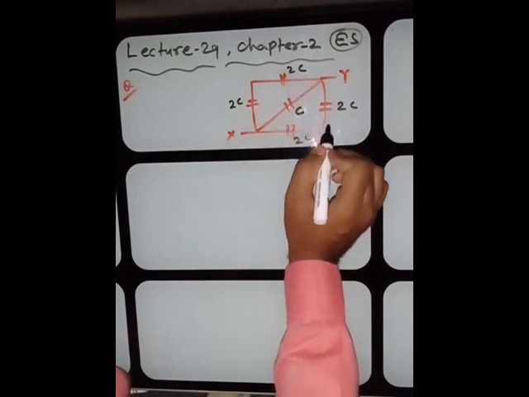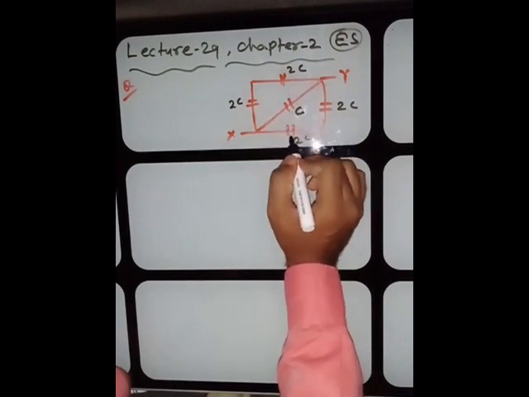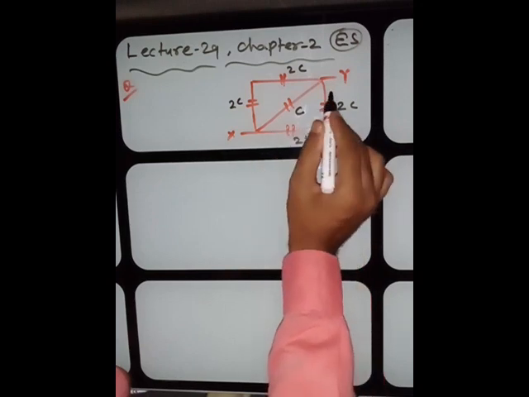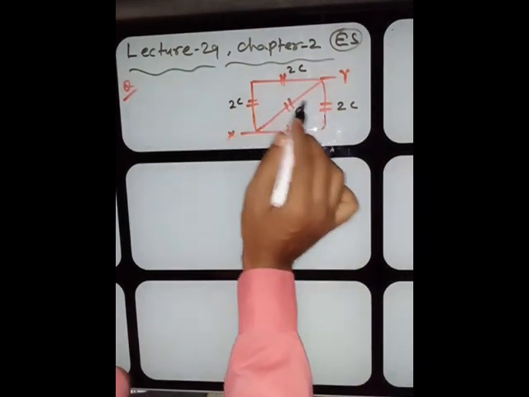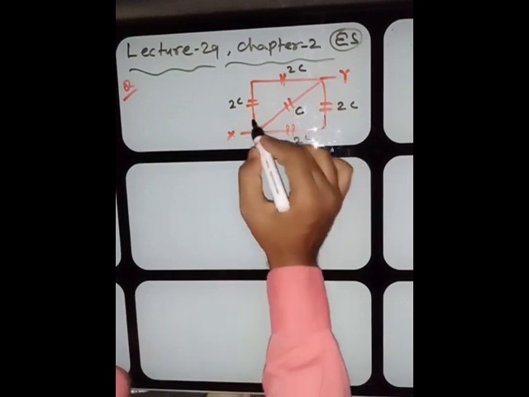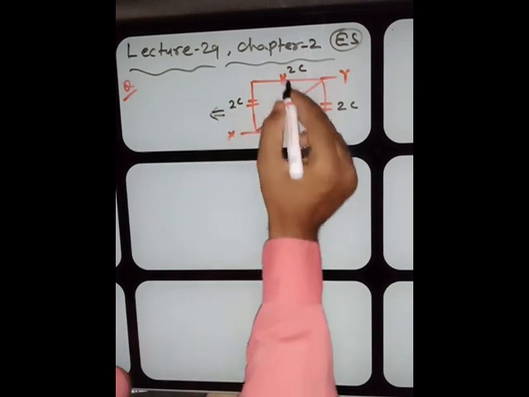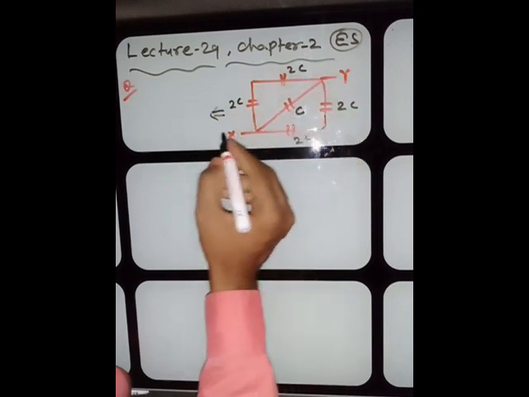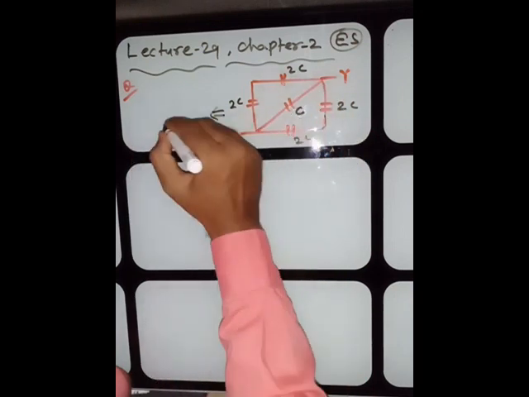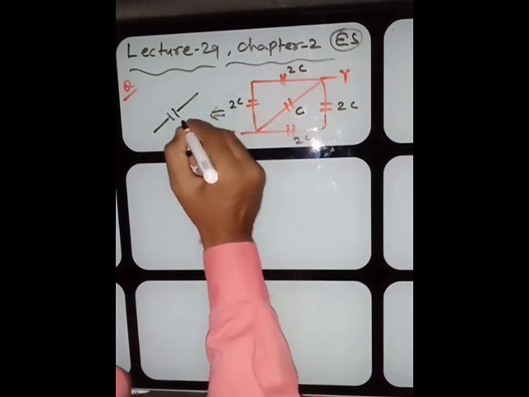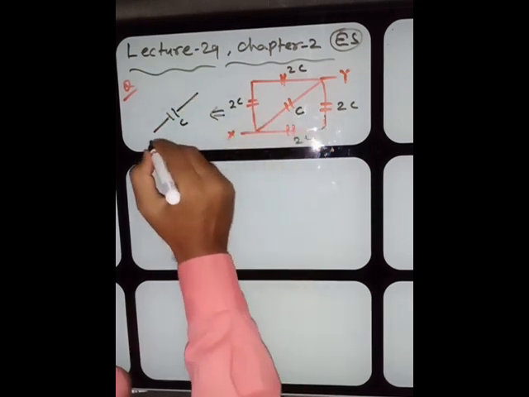Here these two are in series, and this series and series become parallel with each other. So if these two are in series, 2C and 2C will be C.